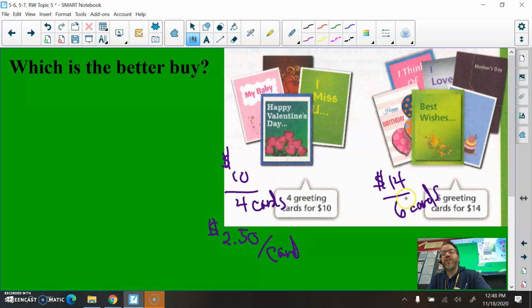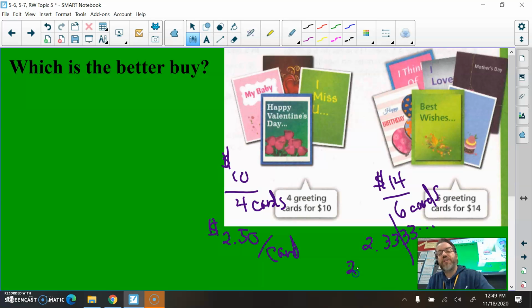Now, if you take $14 and divide by 6, that's not going to come out quite as nicely. If you take 7 and divide that by 3, it actually ends up being 2.3333. The 3 is going to repeat. It's money, so we'll chop it off 2 places past the decimal point.